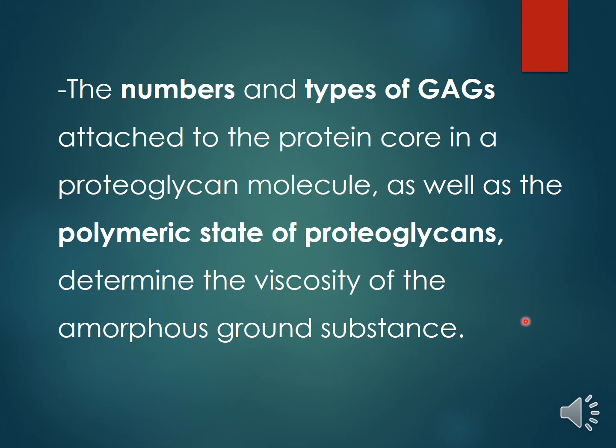The numbers and types of glycosaminoglycans attached to the protein core of the proteoglycan molecules, as well as the polymeric state of proteoglycans, determine the viscosity of the amorphous ground substance.